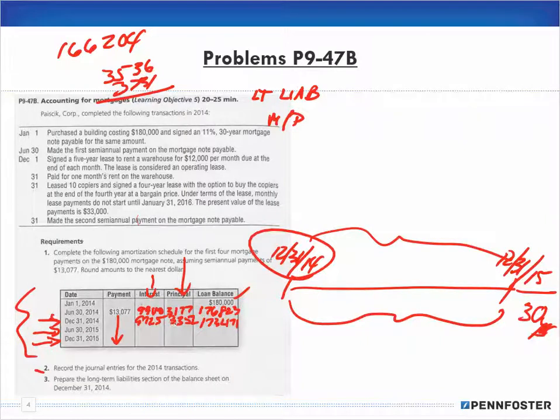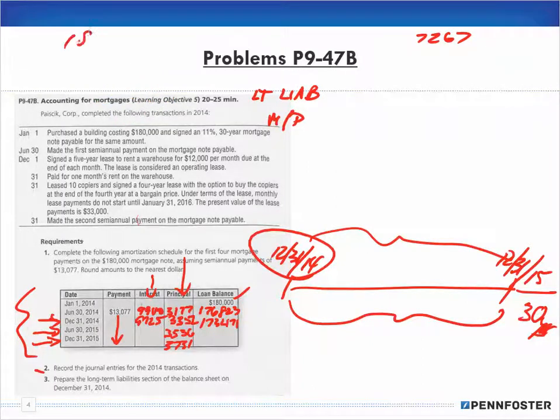If you had done the calculations correctly, you would find that $35.36 would have been the principal on the June 30th, and $37.31 would have been the principal on December 31st. Now, that comes out to 72.67.